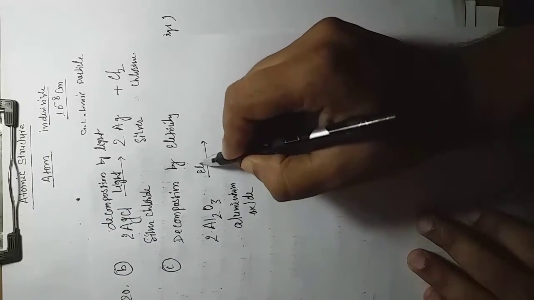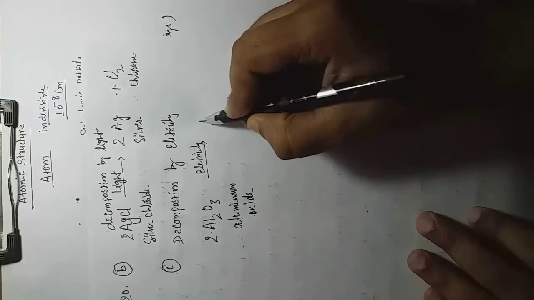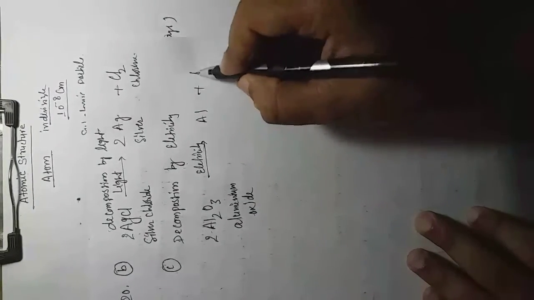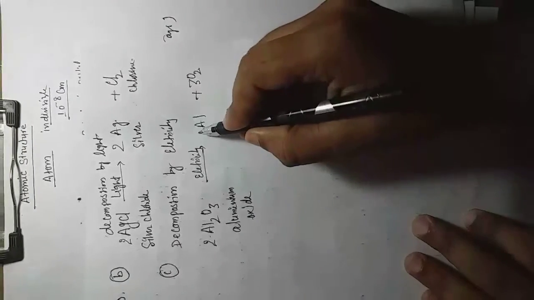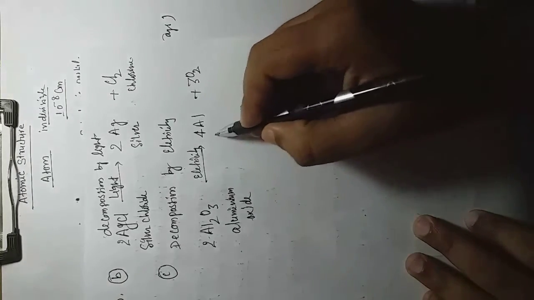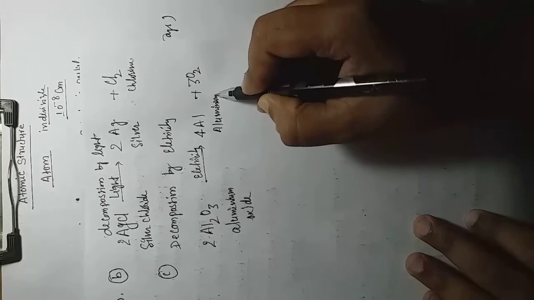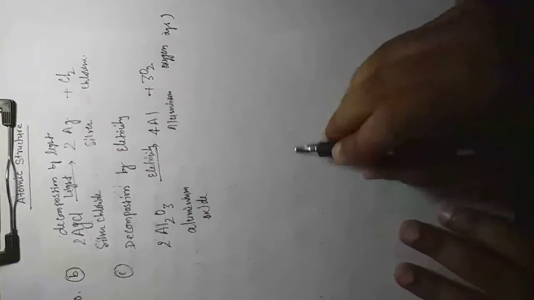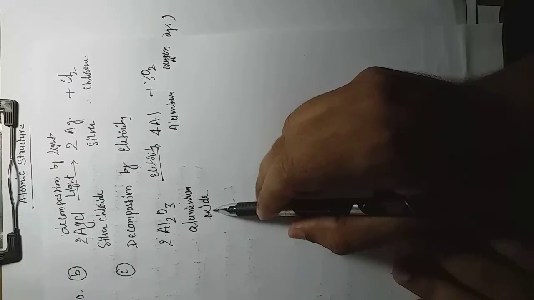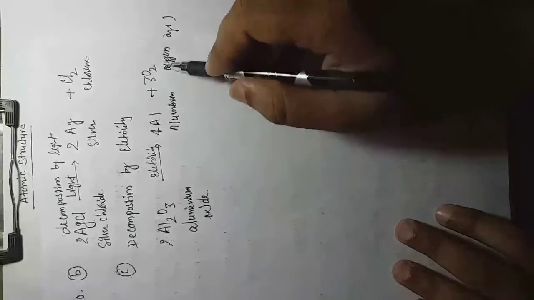Applying electricity, it is going to be decomposed into aluminium and oxygen. You can balance by the multiplying factor of 4 and 3. This is aluminium, and the last one is oxygen. So you can write like this: aluminium oxide in presence of electricity breaks down into aluminium and oxygen.